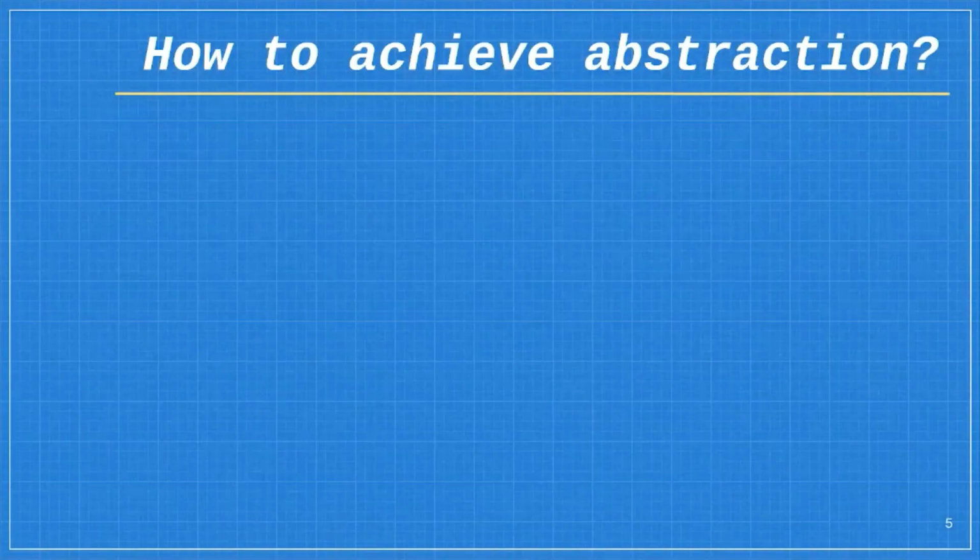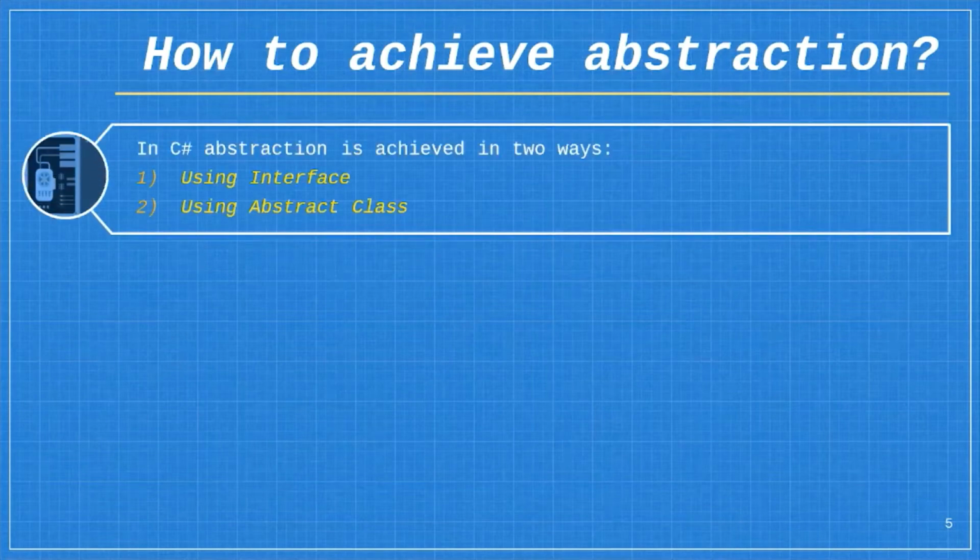So how can you achieve abstraction? In .NET, or in most object-oriented programming languages, abstraction can be achieved in two ways. Either you can use an interface or you can use abstract classes, or you can use both. Because there are situations in which we need common or some default functionalities across the application.